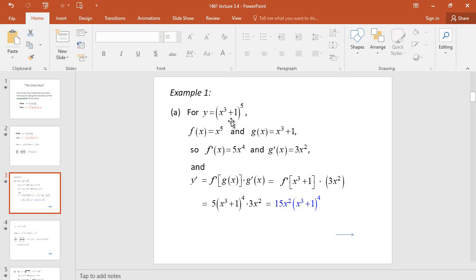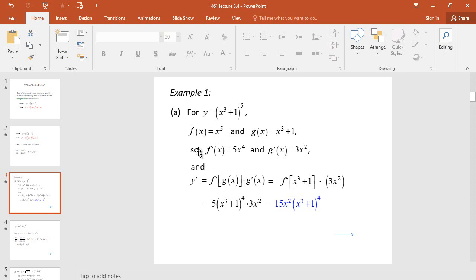If you look at the function x cubed plus 1 to the 5, you almost wish that x cubed plus 1 was just an x, because then you have a simple function x to the 5. So here the outside is x to the 5, and the inside is x cubed plus 1.